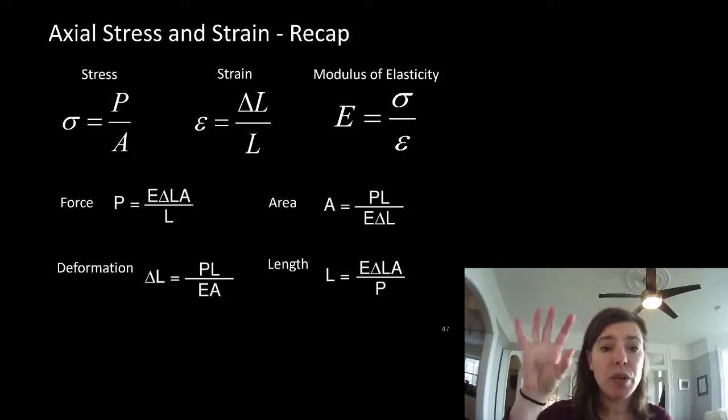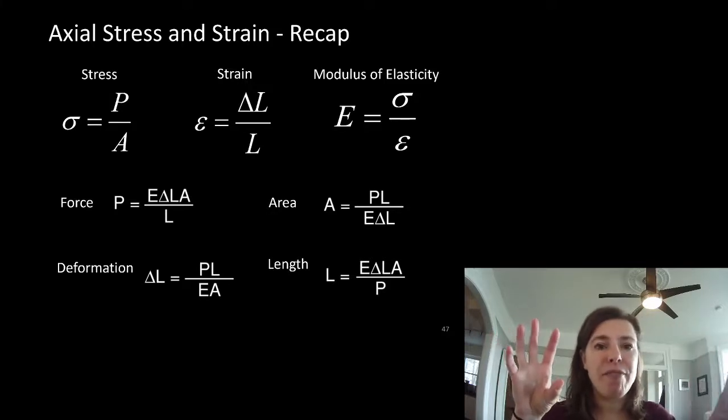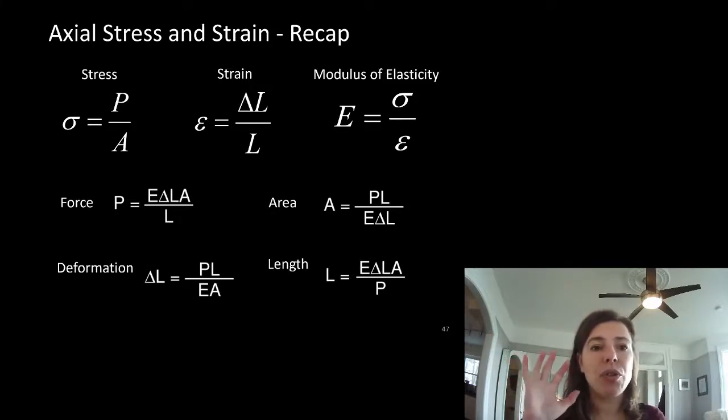We need that reduced capacity to be greater than that factored load, and we need to make sure the actual deformation is not greater than the allowable deformation to meet our stiffness. So the first one was for strength, the second one is for stiffness criteria.